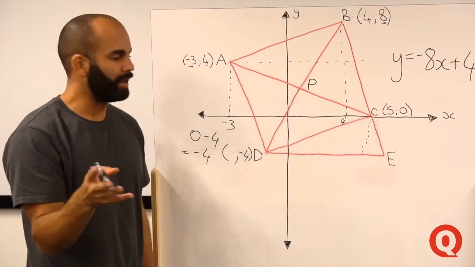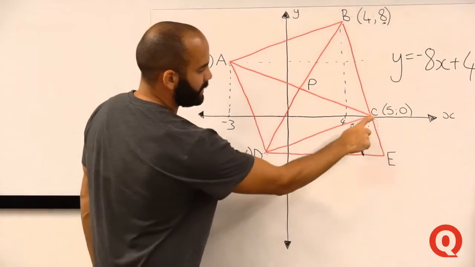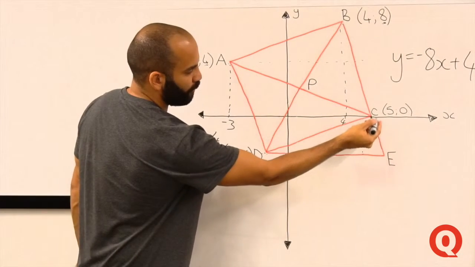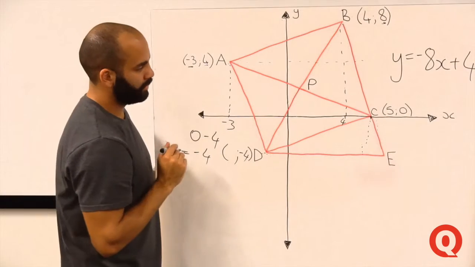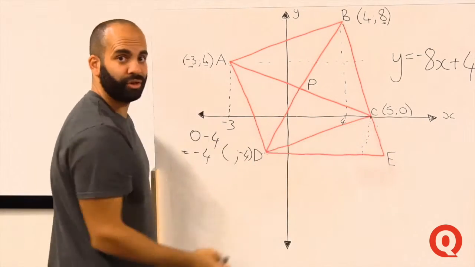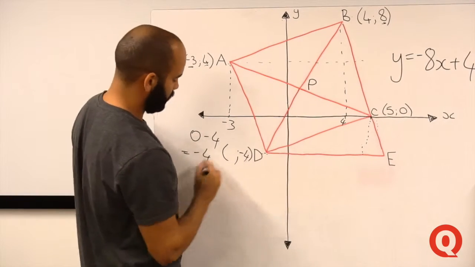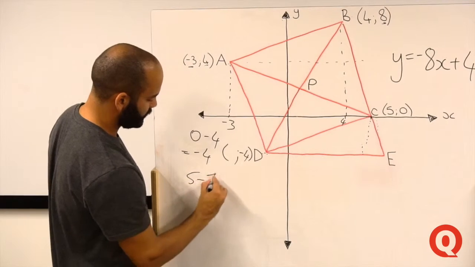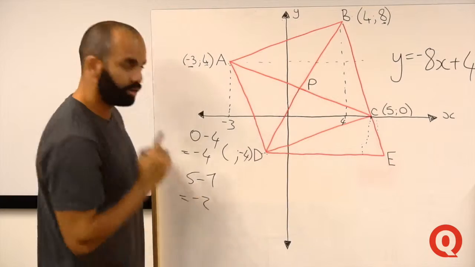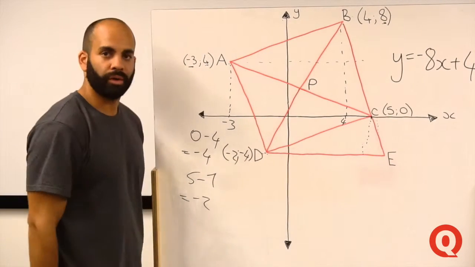I could use that same kind of thinking for C relating to D. So I need to move 7 units from positive 5 on the x-axis, 7 units to the left-hand side, which would be 5 minus 7, which would be negative 2. So I have the x value, great, which would be minus 2.